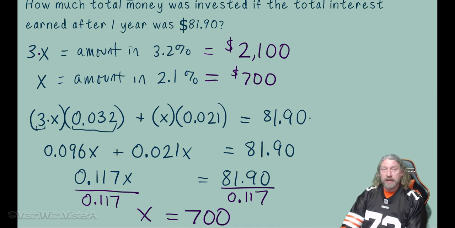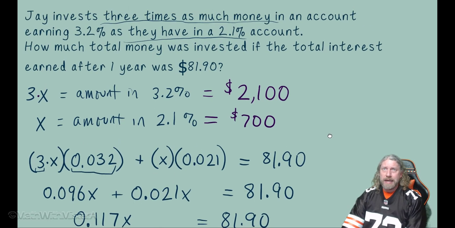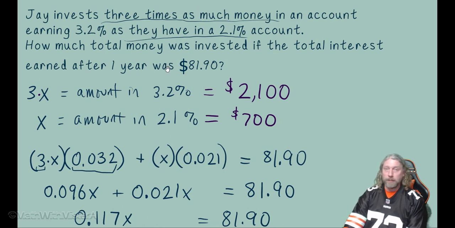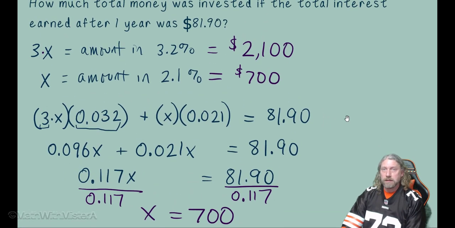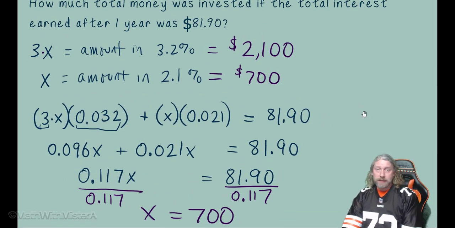And like before, we can check our answer. We can just grab those two results and bring them back into the problem and do 2,100 times 3.2% and add that to 700 times 2.1%. And we will see that our total interest does total $81.90. So that problem is complete. Let's tackle one more example.